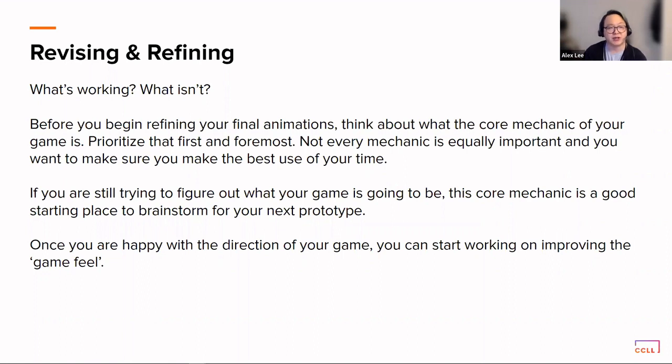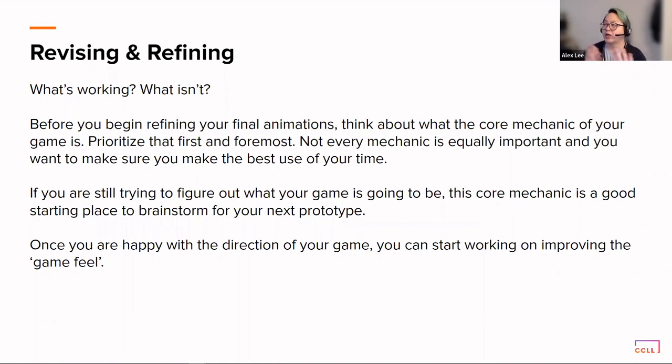So before you start finalizing your final animations, think about what the most important mechanic is, because that's what you're going to want to prioritize first, right? In Super Mario, Miyamoto spent months just perfecting the jump mechanic to make sure it felt just right. With Sonic, it's all about the running and the feeling of going fast.